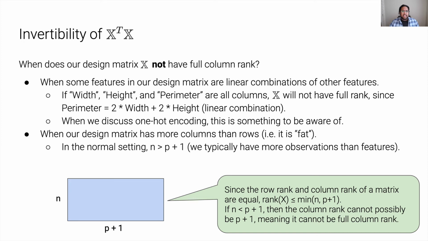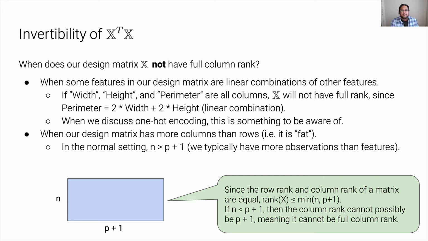The reason for that is because the rank of a matrix is defined as being the number of linearly independent rows or columns. And so the maximum possible rank of a matrix is the smaller of the number of rows it has and the number of columns it has.